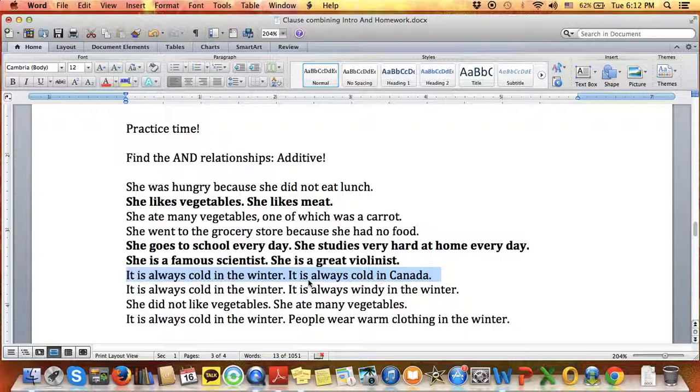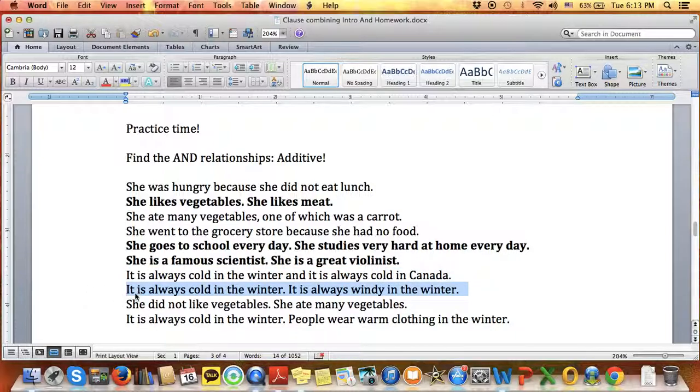We could try, but it's very unclear how these two ideas are related to each other. So if I just say and in between them, it is always cold in the winter, and it is always cold in Canada, it doesn't really make a lot of sense. So because of that, even though this looks like it might be an and relationship, it's unclear. And because of that, no, we're not going to do that.